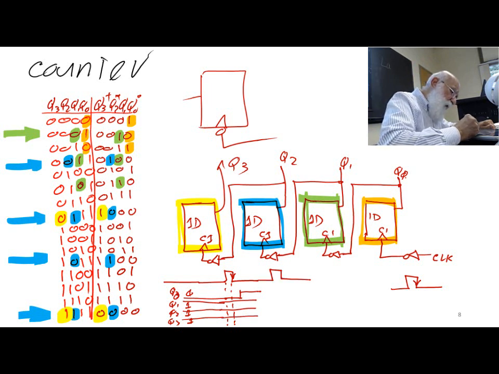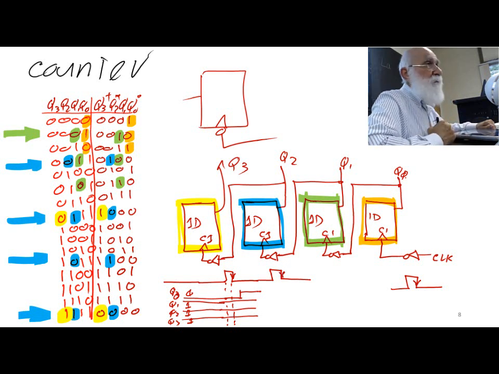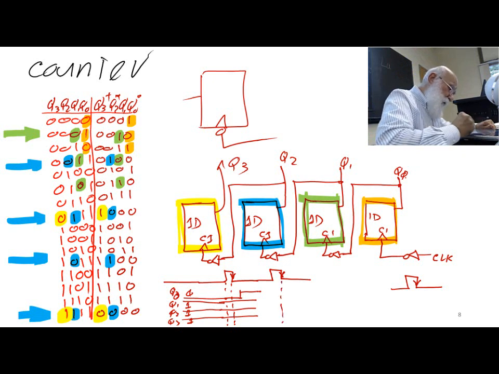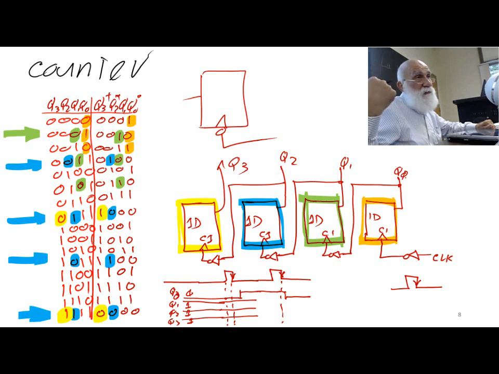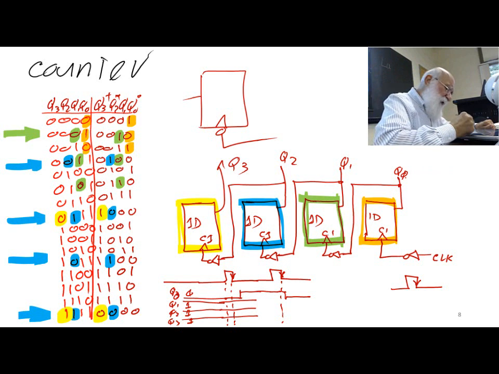Let's say nothing happens until the next clock. The next clock changes my Q0 from 1 to 0. Now, the 1 to 0 on Q0 causes Q1 to toggle, and therefore Q1 doesn't really toggle until Q0 completely changes to 0.